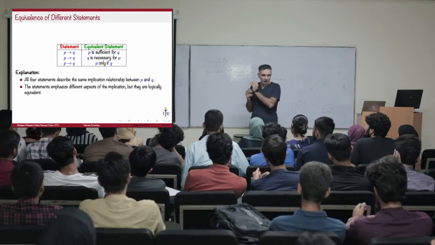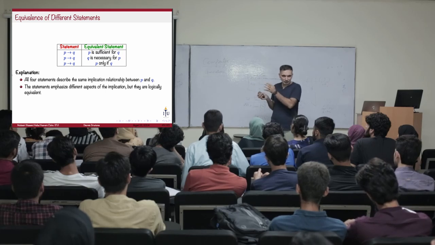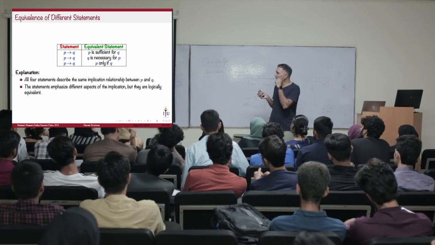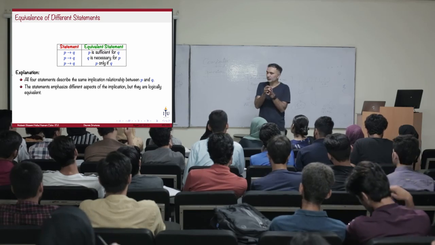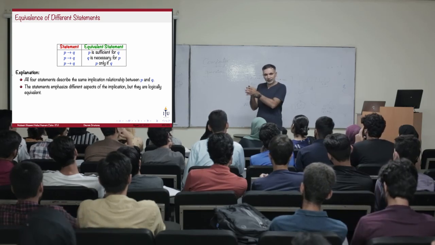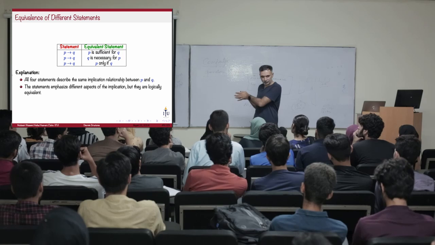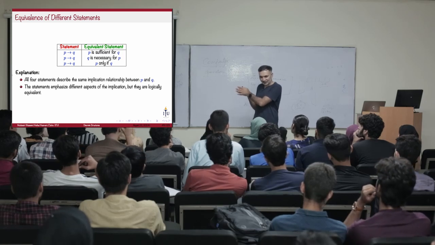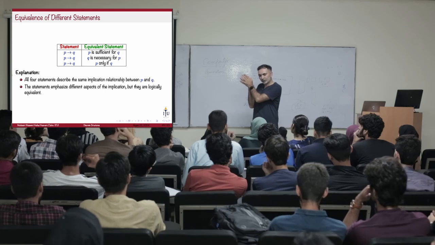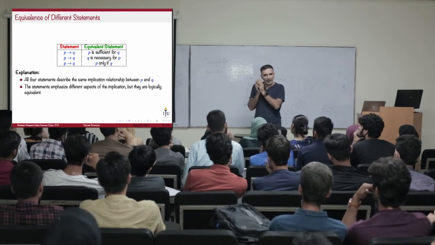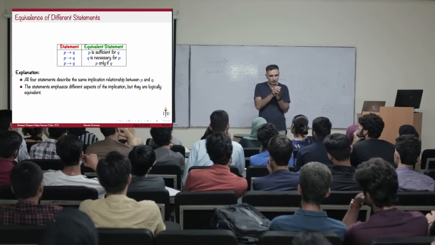That's what I mean by if P then Q. So this statement is saying P is true only if Q is true. What that is saying is that if Q is false, you cannot have P to be true.